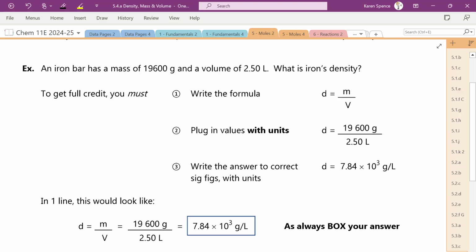And if you finish talking about mass, you're going to talk about what is volume and what is density. Don't look at the book.